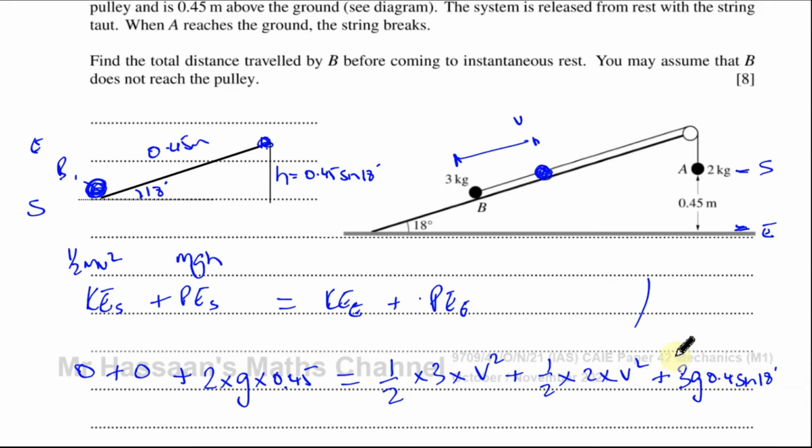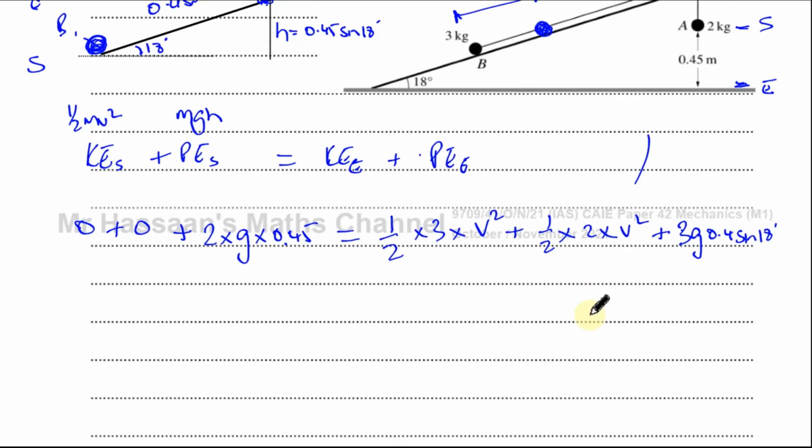That's mgh. That's the potential energy of the system at the end. This has potential energy of 0. Now there's no friction, no work in, no work out, nothing like that. So this is all the things that we need, and we have to find what v is from this.